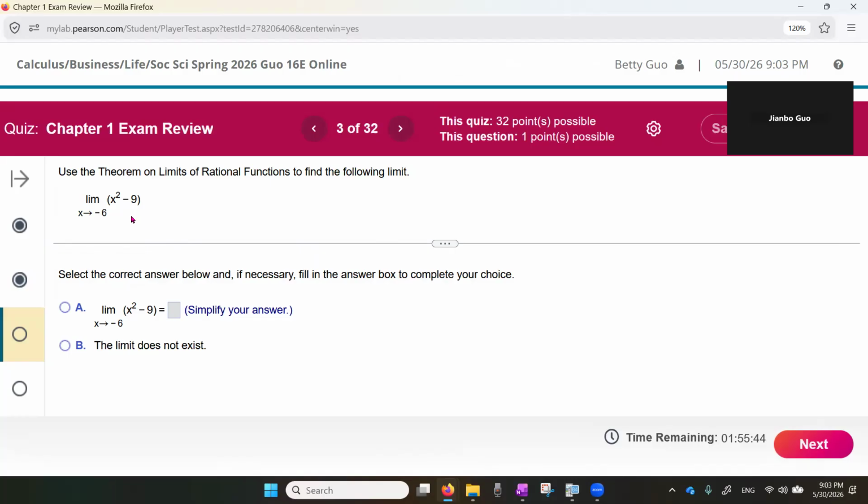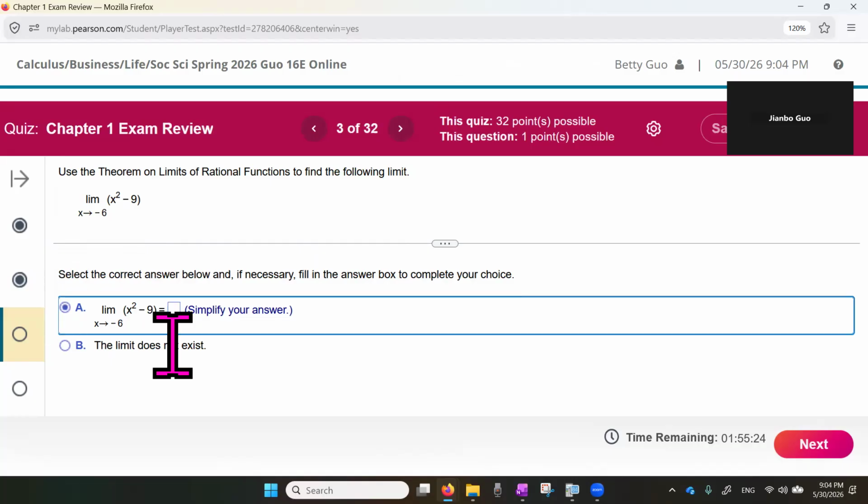So the limit of the function at -6 will be the value of the function at -6. So what we need to do is to plug in x equals -6. -6 squared is 36. 36 minus 9 gives 27. So the limit is 27.